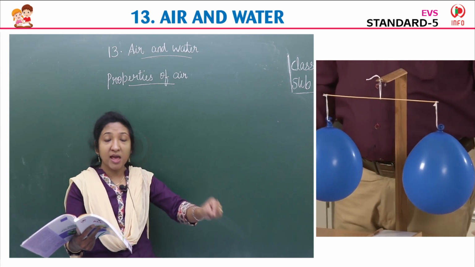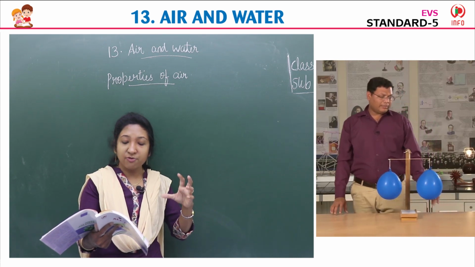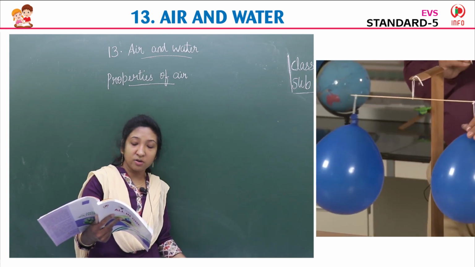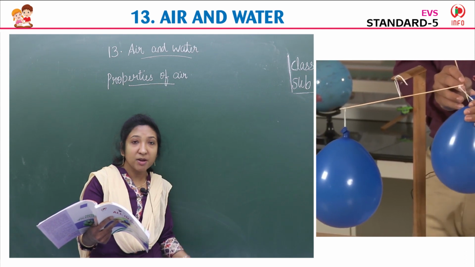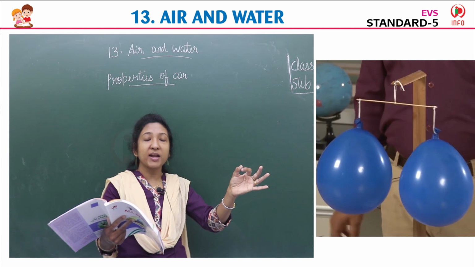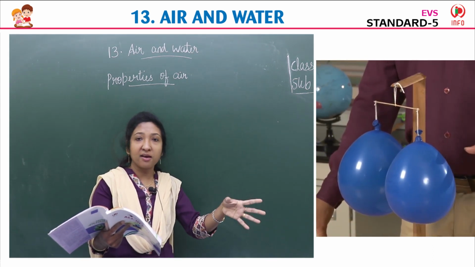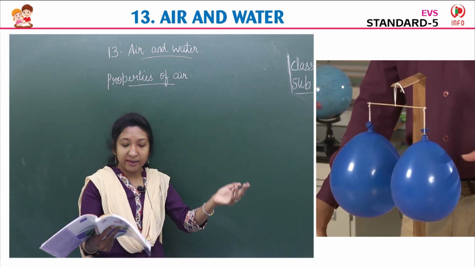After pricking a balloon with a pin, what happens? See, the end of the stick with the filled balloon goes down, while the end with the deflated balloon rises up. Deflated balloon means, when we prick the balloon, what happens? Air goes out. So the balloon got empty, no air. So it got deflated, we say. Okay.